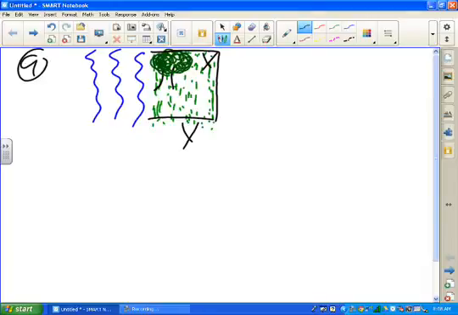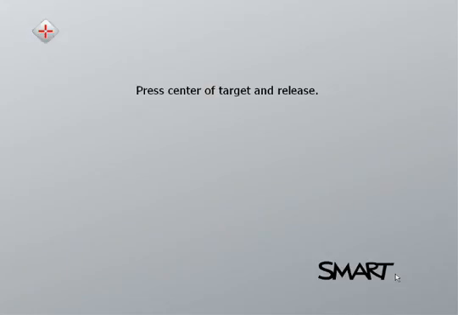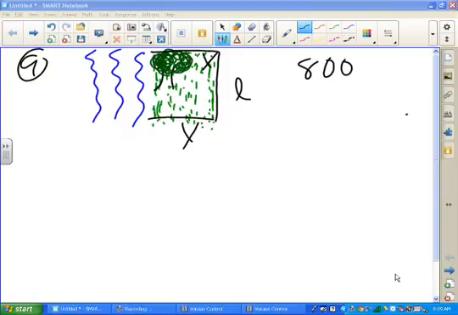And so we don't have a lot of information other than the fact that the total length of wire that we have to use is 800 meters. So what we would like to do is we're going to say that 800 meters has to equal, well, 2 times x. Oh, I got to fix my screen here real quick. I didn't like the way it was writing.